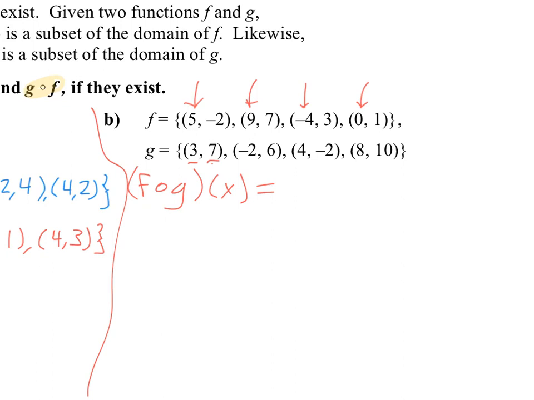Next coordinate, -2, takes us to 6. There are no 6s in the X coordinates on the F list. So we try the next point. 4, -2, and then I don't see any -2s in these x's for f. 8, 10.